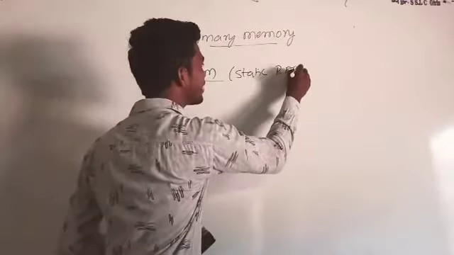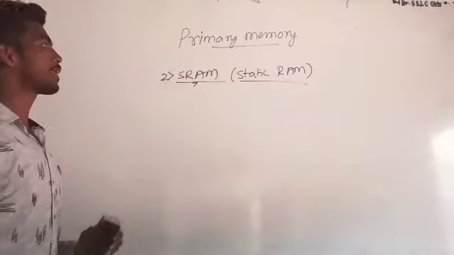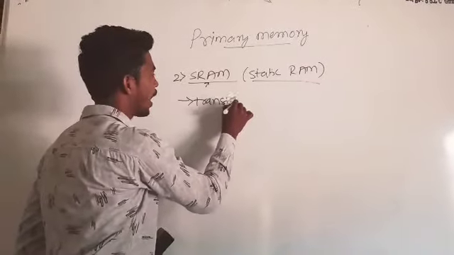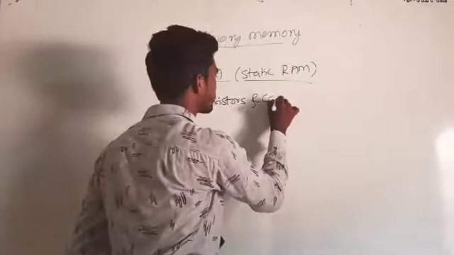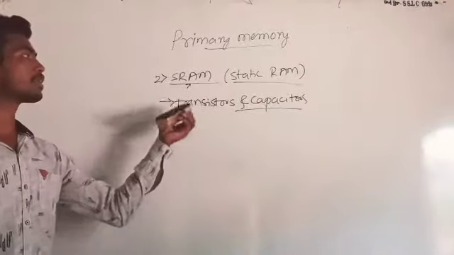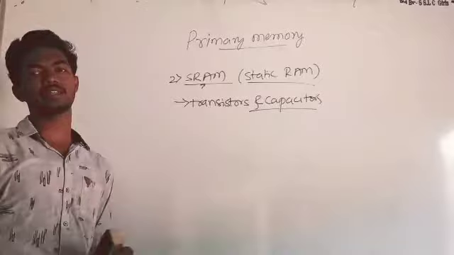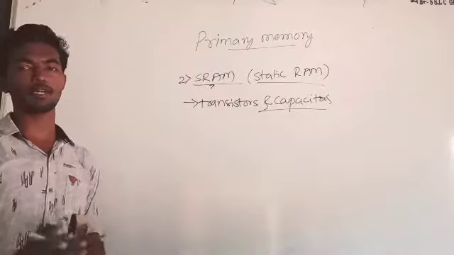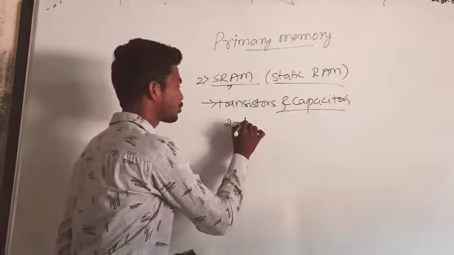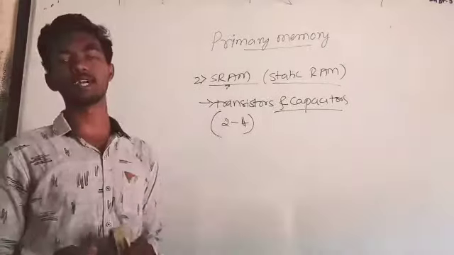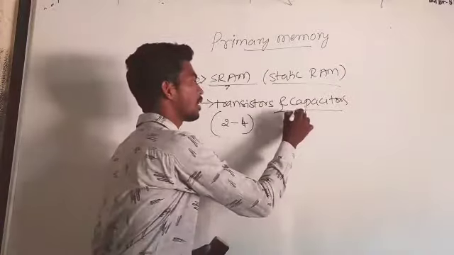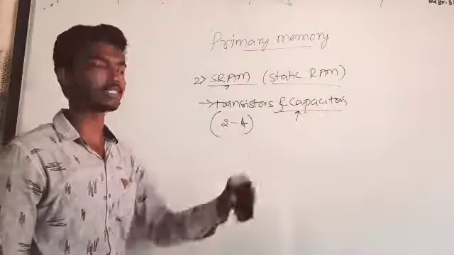Like DRAM, it also contains transistors and capacitors, but the difference between a DRAM and a SRAM is that it contains multiple transistors in a single cell, around 2 to 4 transistors in a single memory cell, and it does not necessarily contain a capacitor in each memory cell.